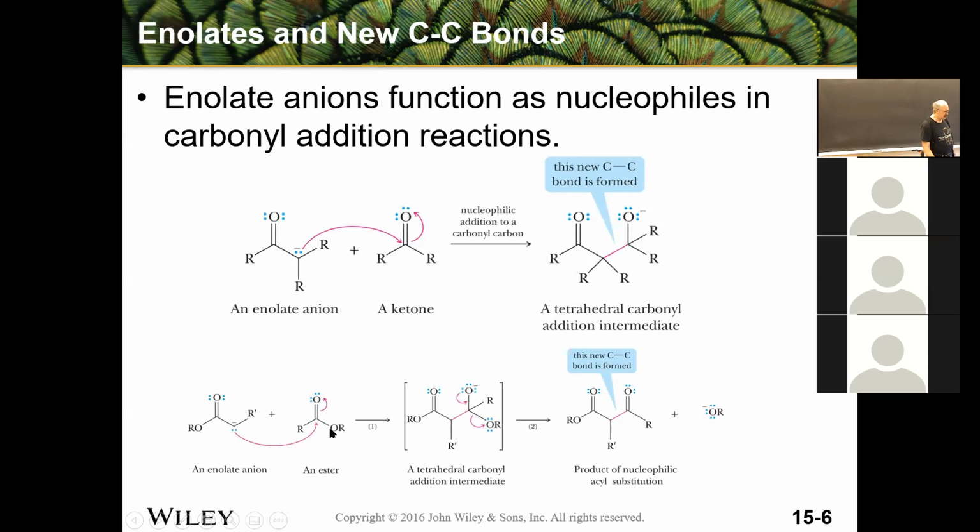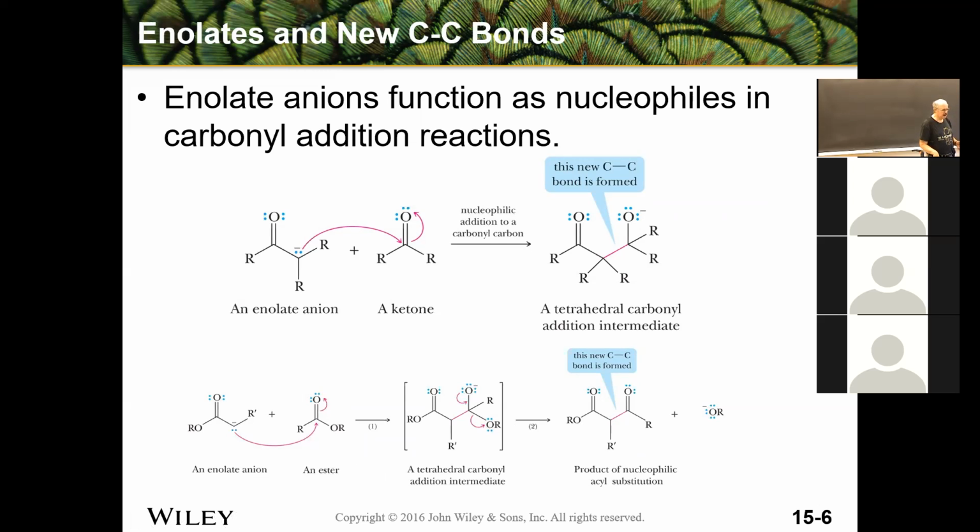Okay, if our carbonyl compound is an ester, okay, then it's a little bit different. Esters, instead of undergoing addition, they will undergo substitution. Okay, so the enolate anion attacks the carbonyl of the ester. If we were to protonate this oxygen at this point, that would give us a hemiacetal.